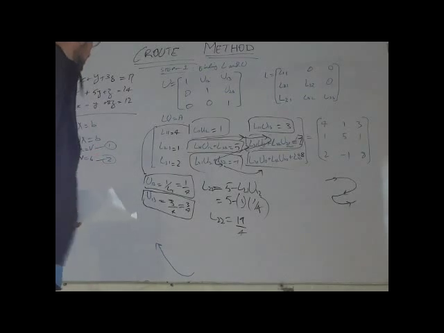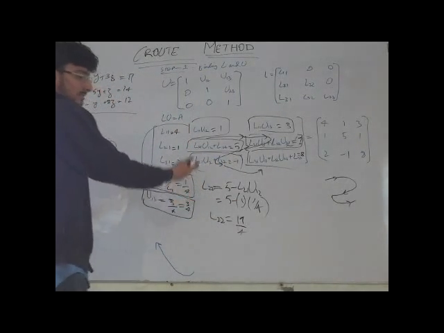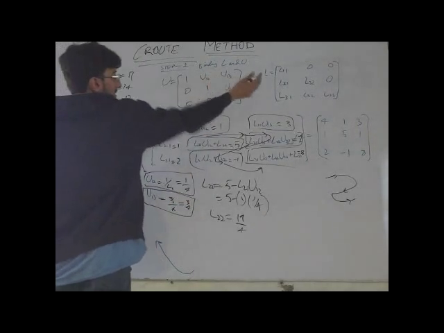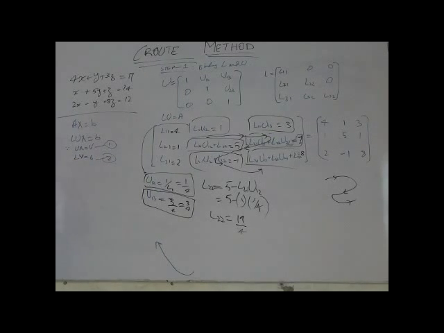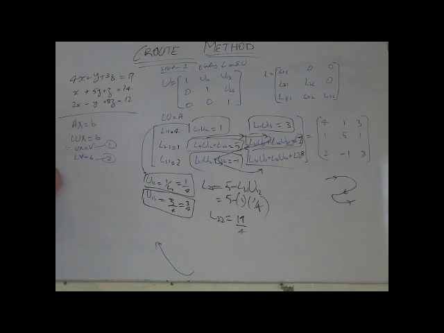Okay. Now, similarly, we get by solving this, I have done this before, so we know all these variables, and let me show you the values of the L and U triangular matrices. That is 4, 5, 2.